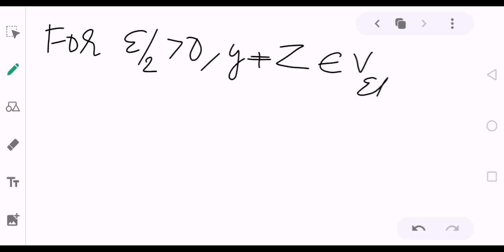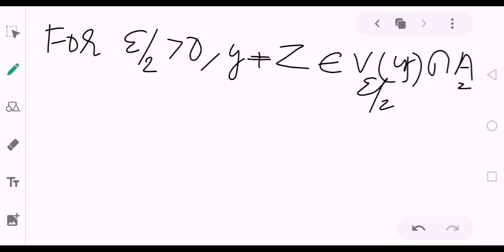Again, if y is a limit point of A, then by the definition of limit point, for every epsilon by 2 greater than 0, there is a point z which is not equal to y, such that z is an element of V epsilon by 2 of y intersection A, because y is a limit point of A. So there is an epsilon neighborhood of y which contains points other than y.